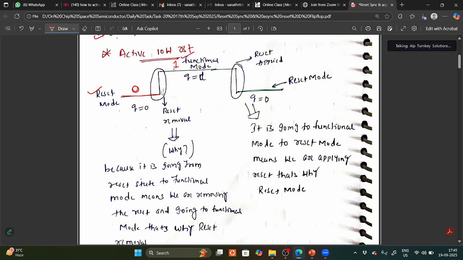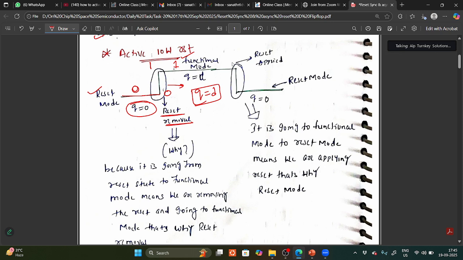When it is going from 0 to 1, we call it reset removal, going from reset mode to functional mode. In reset mode the output q becomes 0. In functional mode you will get q equal to D.